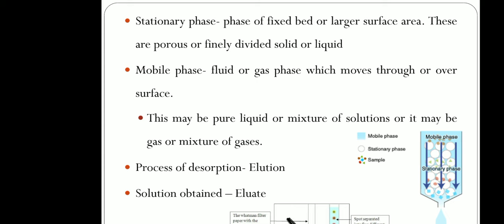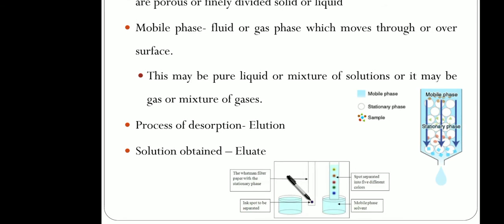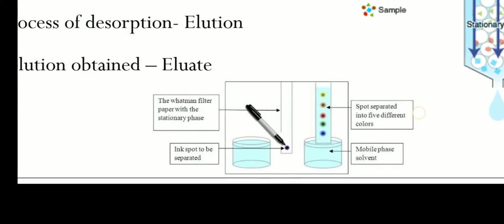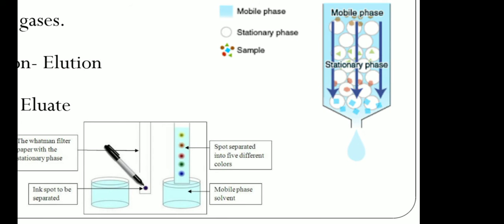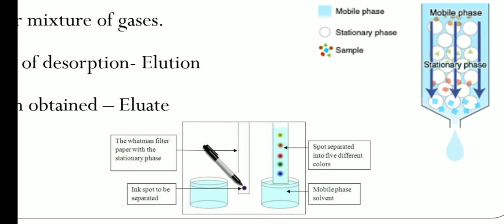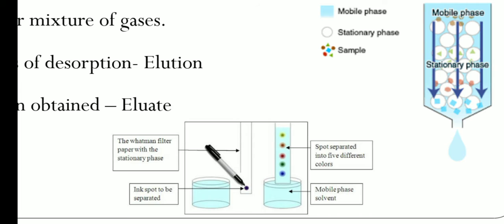So usually liquids are coated as a thin layer on an inert support material, as shown over here. This is an example for paper chromatography. Here in paper chromatography, we are using one filter paper named Whatman filter paper for separating a mixture of components. Here they are representing an ink spot as the sample.